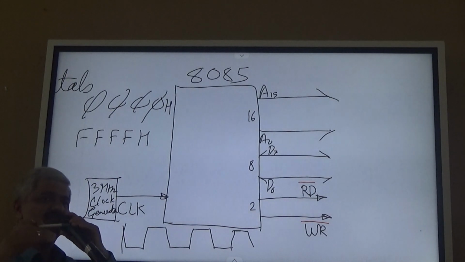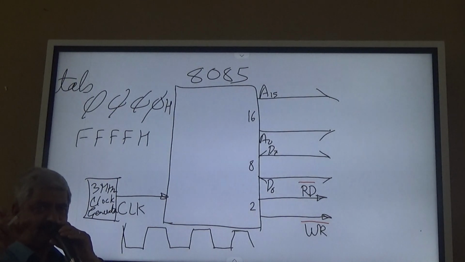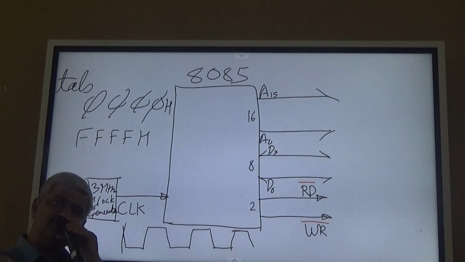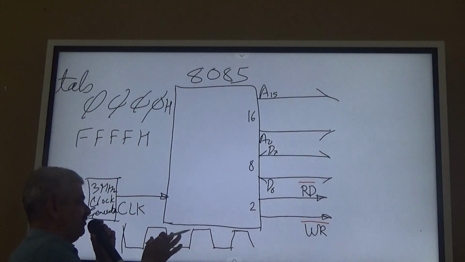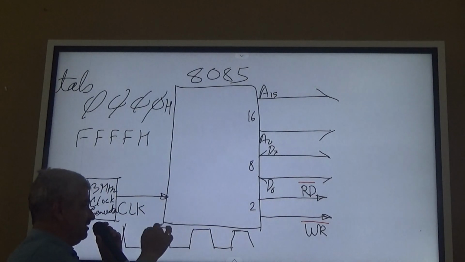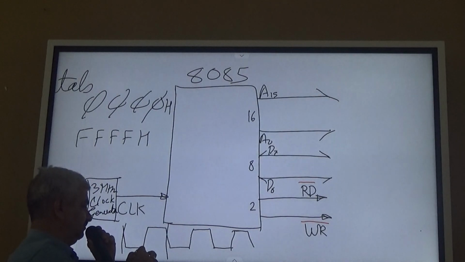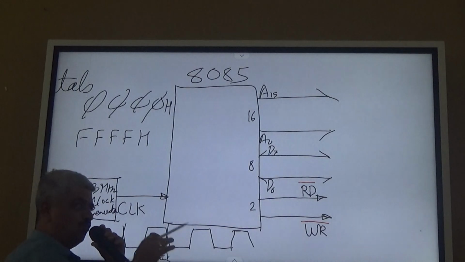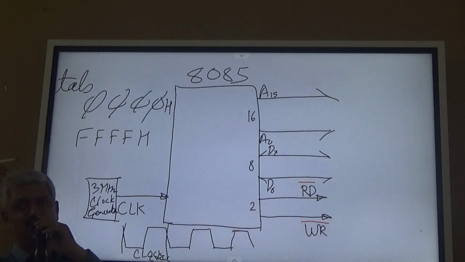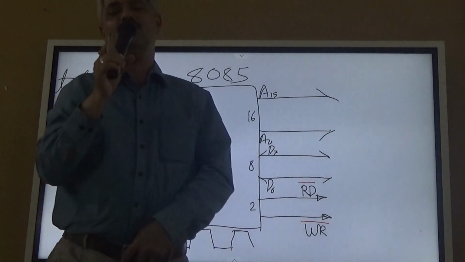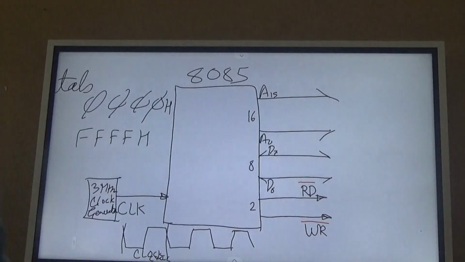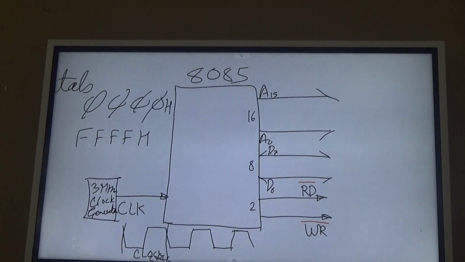A clock cycle begins from a high to low transition to the next high to low transition. In a standard way we say this is one clock cycle. This is one clock cycle. This is one clock cycle. So one clock cycle corresponds to the time from one falling edge of the clock to the next falling edge of the clock.